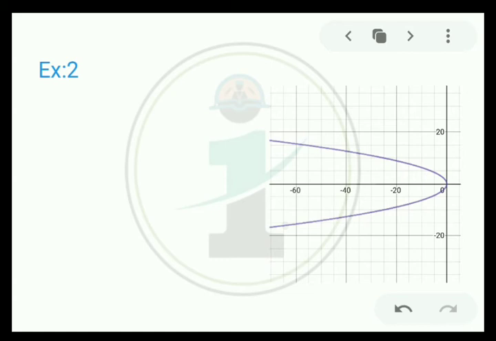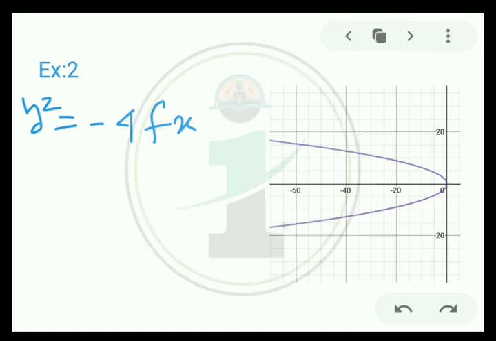This diagram shows that the parabola is along the negative x-axis, so that we can have an equation like this. As before, I have taken the vertex at 0 comma 0, that is at the origin, so that we can have an equation of the parabola like this, and this is along the negative x-axis.